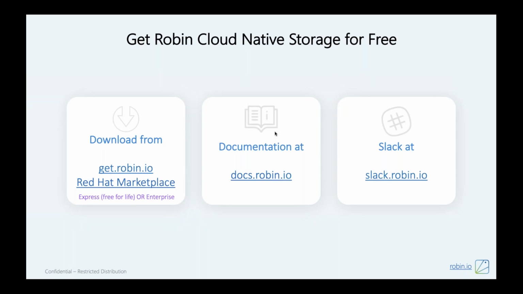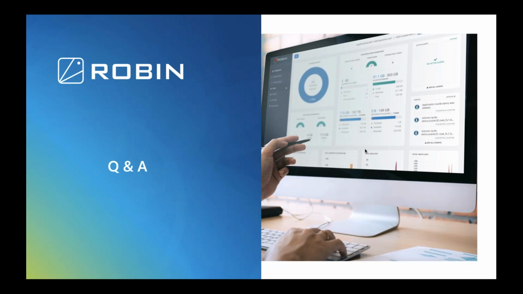You can deploy it from the Red Hat Marketplace on any of your existing OpenShift clusters, or you can download it for other Kubernetes flavors from get.robin.io. Documentation is at docs.robin.io, and in case you have any questions or need support, you can always ping us on slack.robin.io. With that, I will open it for any questions that you may have.